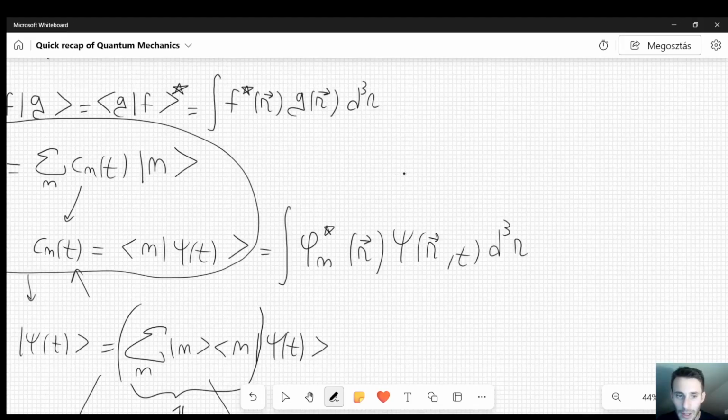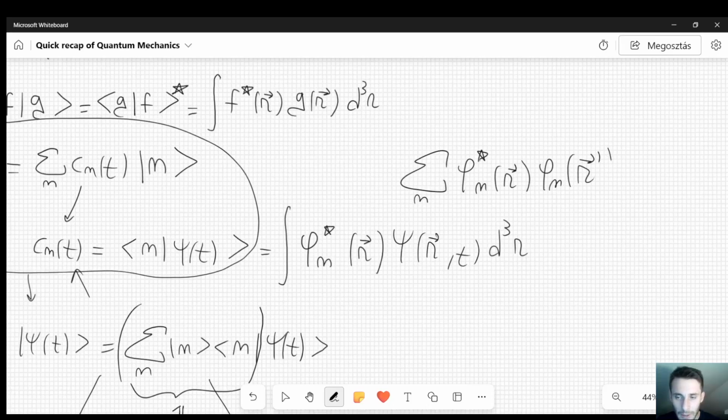And in particular it is something that I have not written down. There is also another relation, and the relation is of this kind: summation over n of phi star sub n of r phi sub n of r prime equal to the Dirac delta.